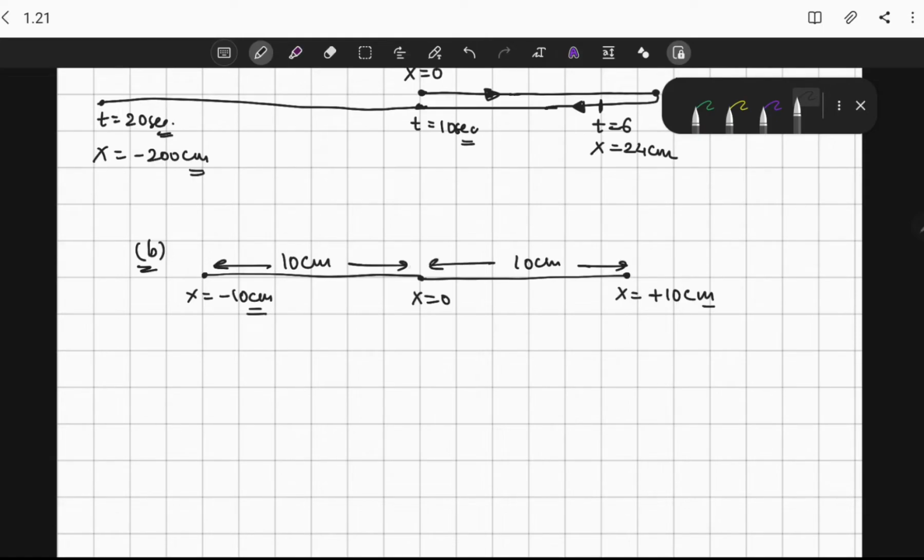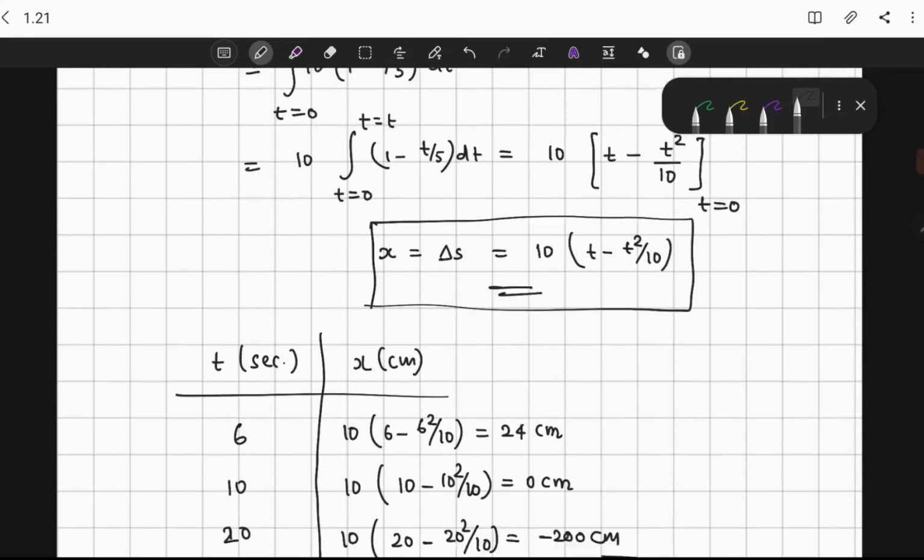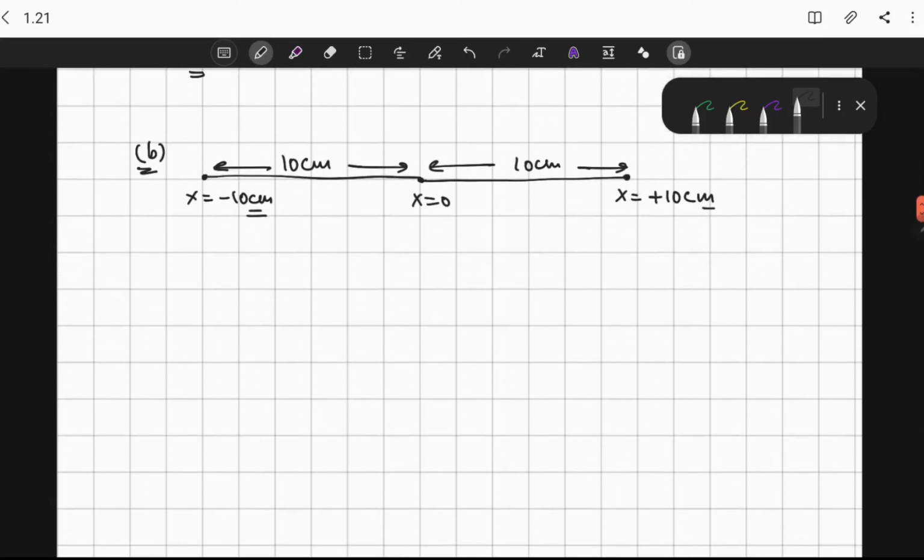Okay, so we have the expression of the position that we have found out here, and this we will equate to plus minus 10. So 10 times t minus t square by 10, that we can equate to plus minus 10. So from here we will get 10t minus t square is equal to plus minus 10.